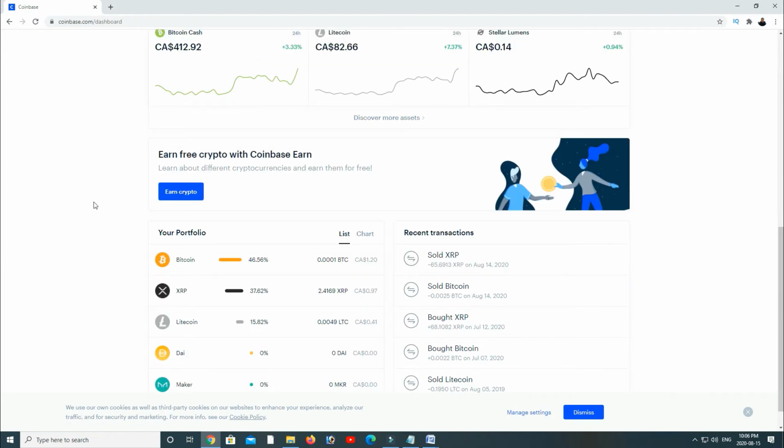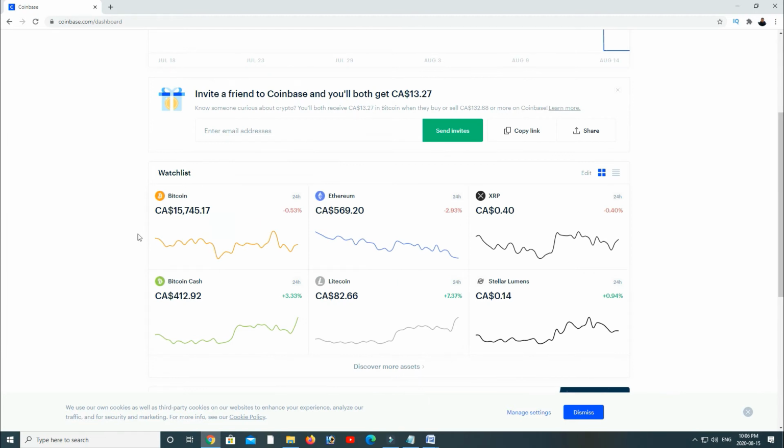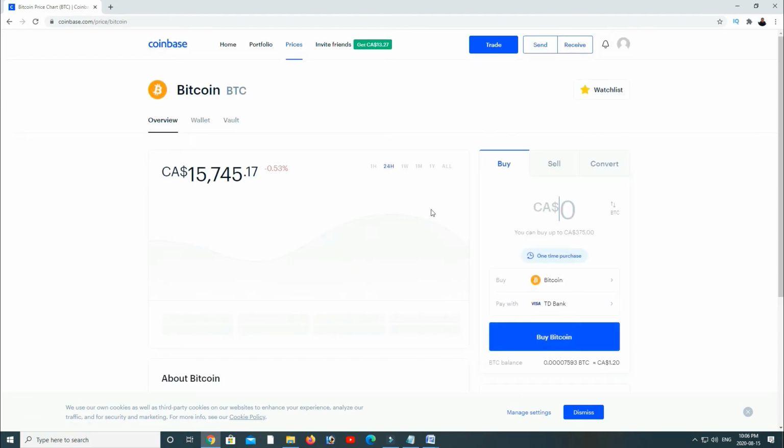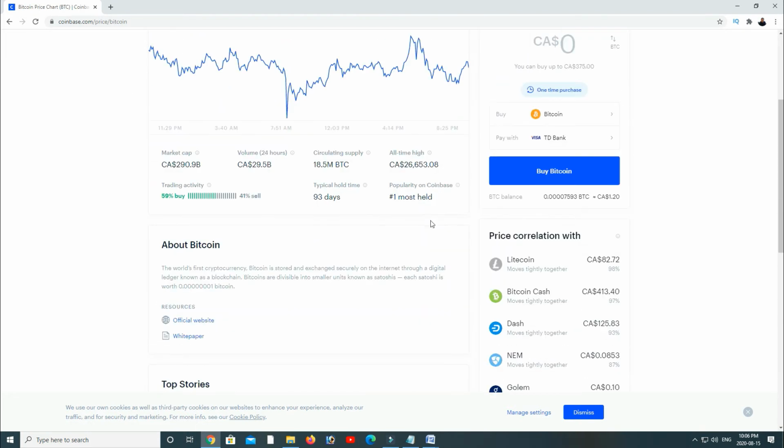Here you can see Bitcoin is the most popular one. If you want to see its details, you can go to view asset. Here you can see the details of the market capital.